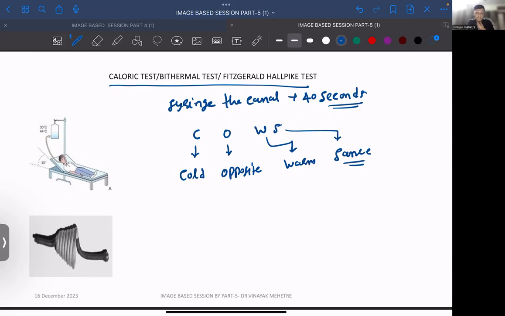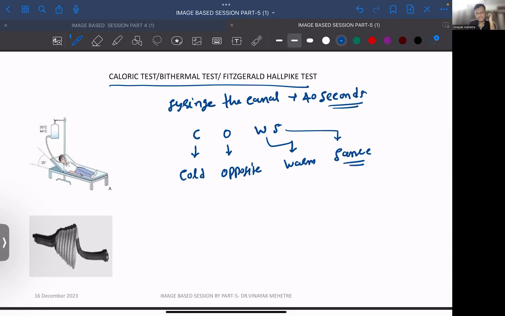Now, if the patient's tympanic membrane is gone, or the patient has a rupture in the tympanic membrane, of course we cannot put water directly in the external auditory canal.